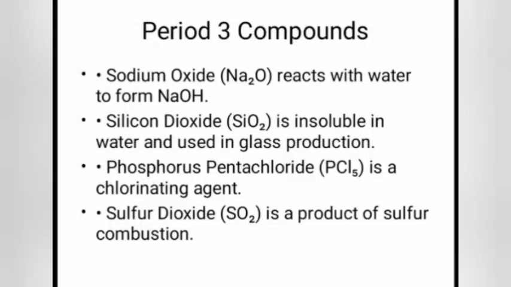Another one that is very important as a member of this period is phosphorus pentachloride, PCl5. This PCl5 is one of the reagents they use majorly in organic chemistry when carrying out halogenation, especially with chlorine.